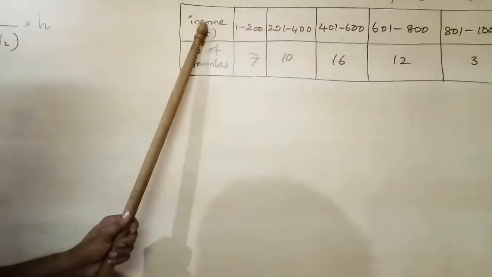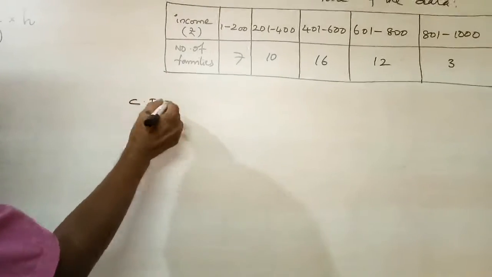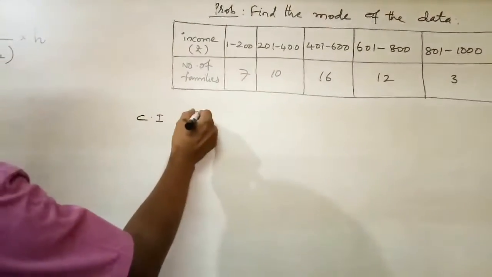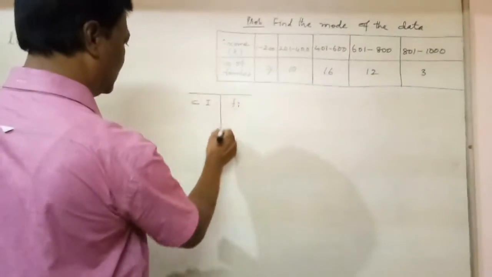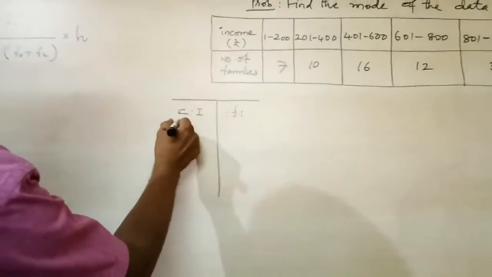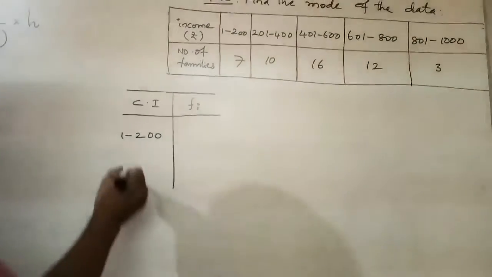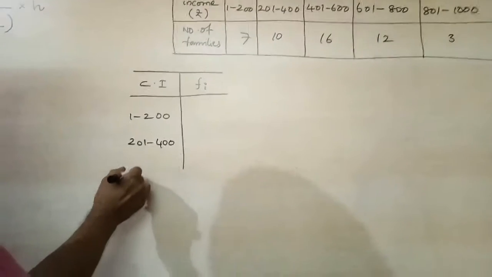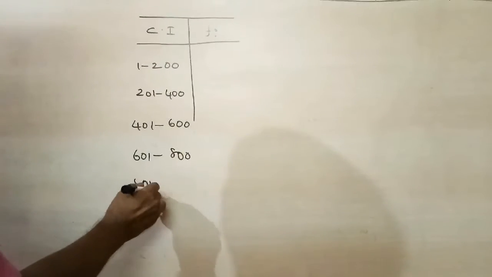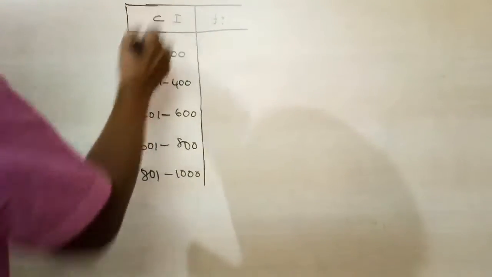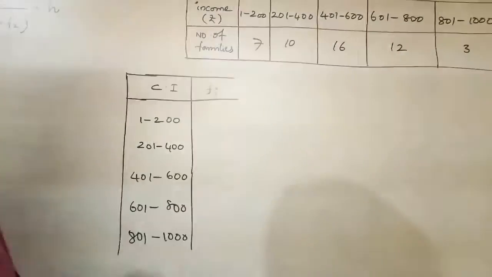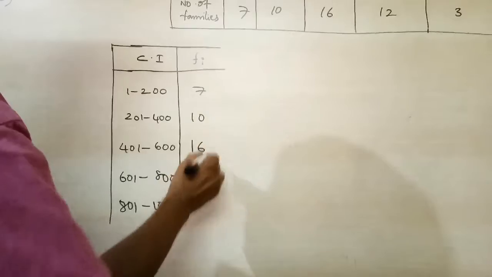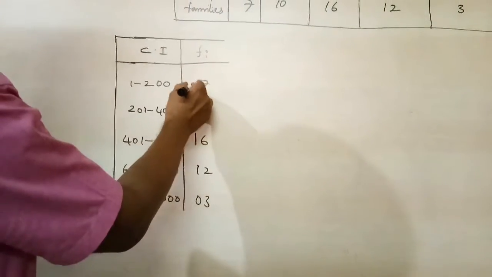Suppose this is the class interval and this is the frequency. The class intervals are 1 to 200, 201 to 400, 401 to 600, 601 to 800, 801 to 1000. The frequencies are 7, 10, 16, 12, 3.